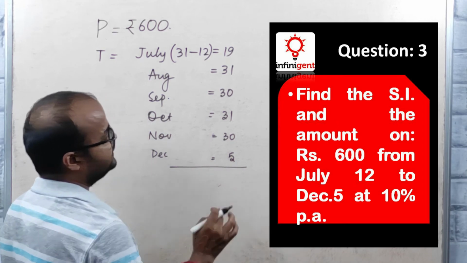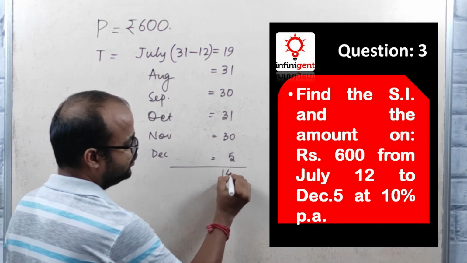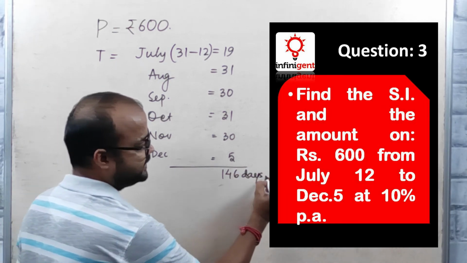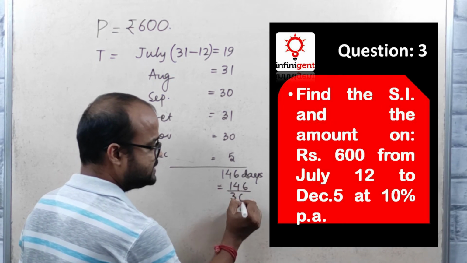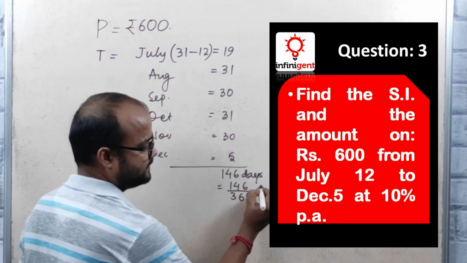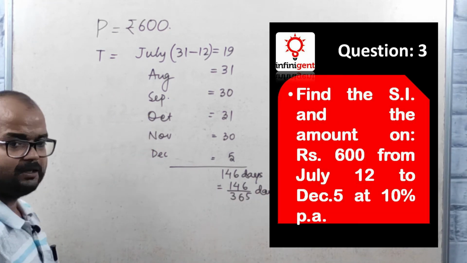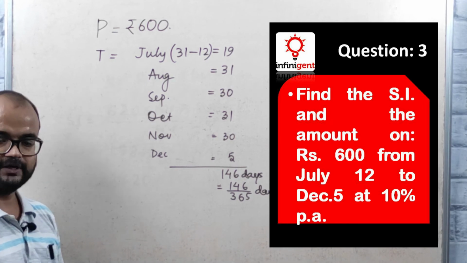Now if you add, you will get 146 days. That means we can write it as 146 by 365 years. You can cancel out here or you can substitute in the formula and simplify.